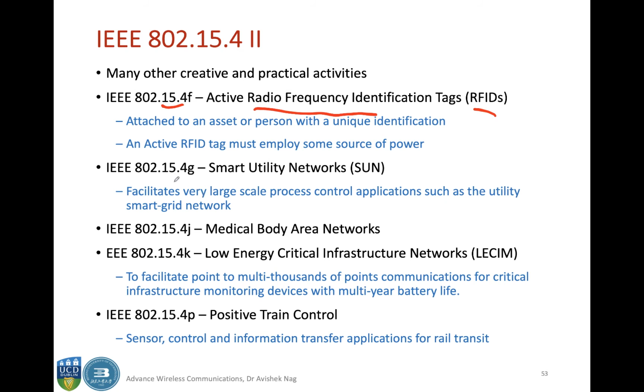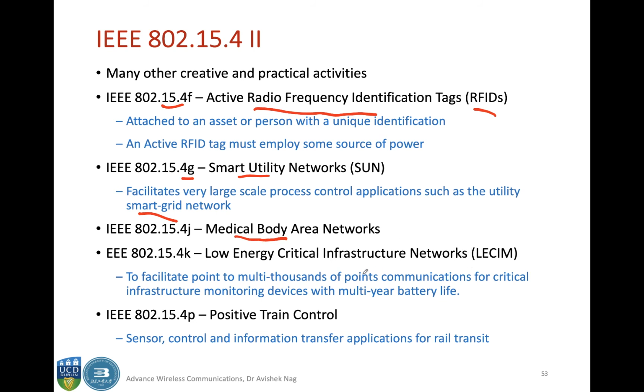Then you have 802.15.4g, which is for smart utility networks, for example the smart grid network. These are electrical energy networks with some intelligent and smart switching functionalities. 802.15.4j is for medical body area networks, and 802.15.4k is for low energy critical infrastructure networks.